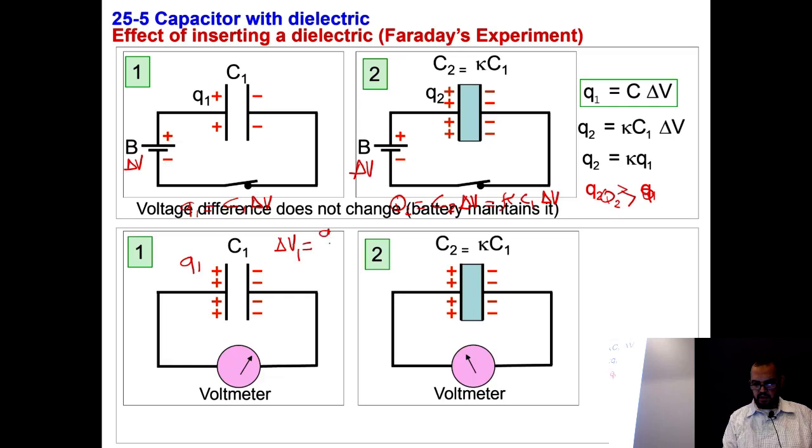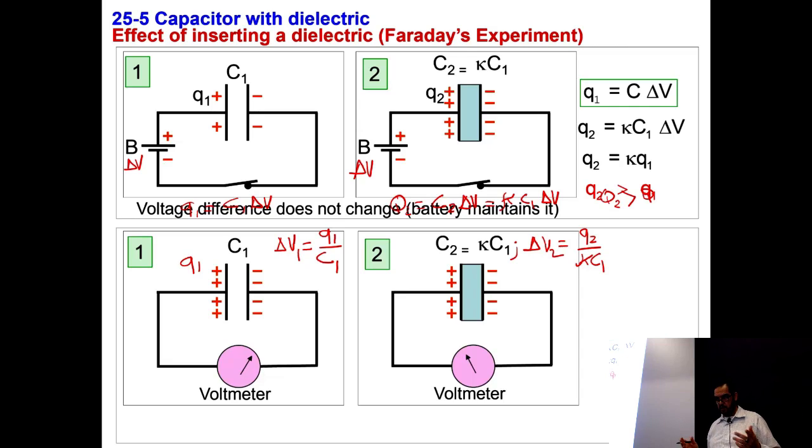This is going to be equal to Q1 divided by C1. After you introduce the dielectric, since the battery is not connected anymore, the voltage does not remain constant, and so we can get delta V2. Delta V2 is going to be equal to Q2 divided by C2, which is kappa C1.